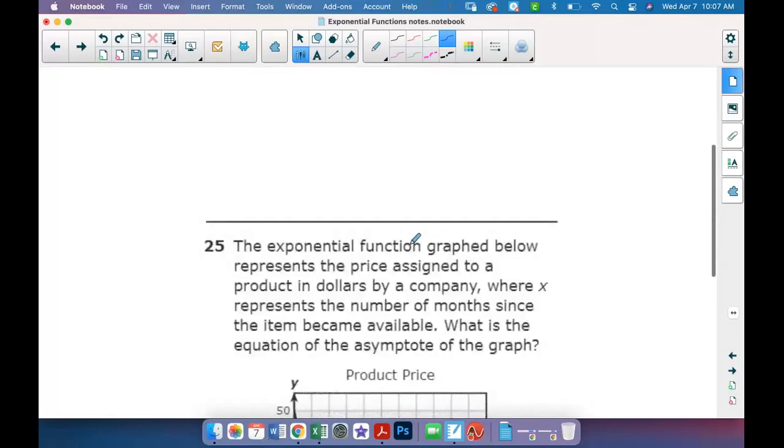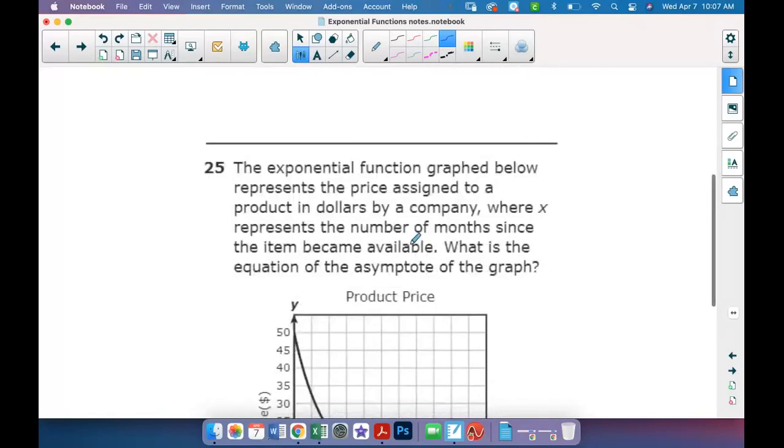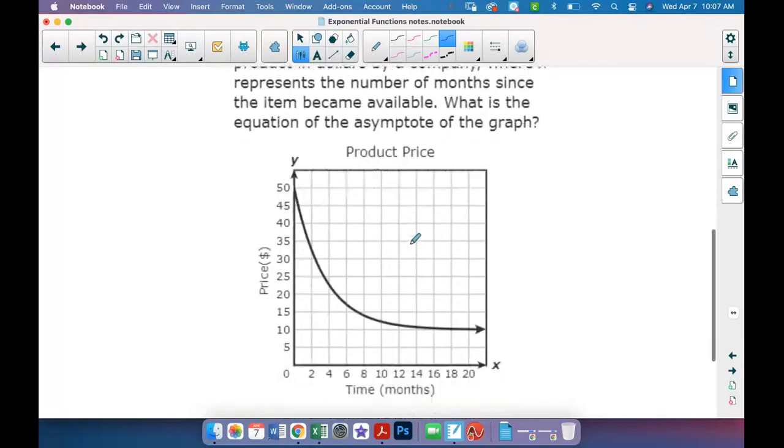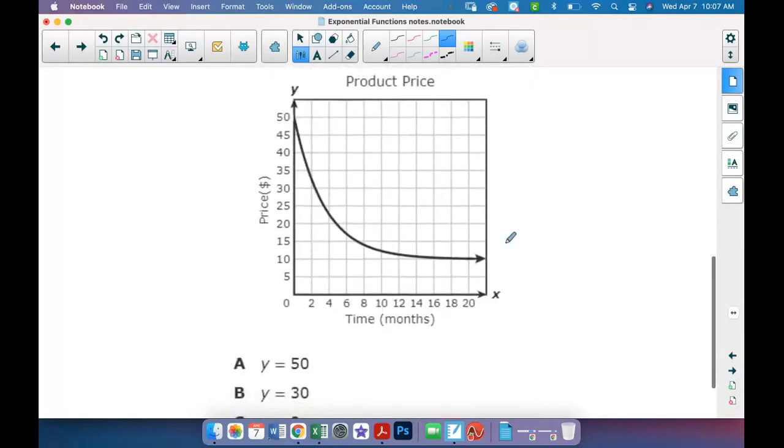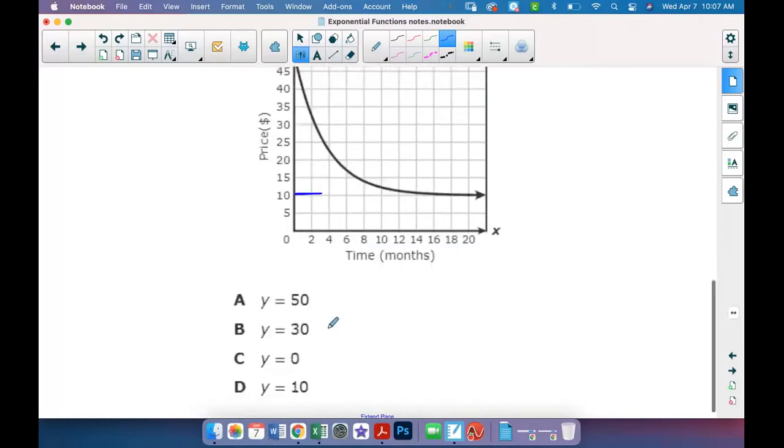Number 25, what is the equation of the asymptote? Oh, this one you should be able to see right away, right? You see how it's approaching this line right here? So it is right here, which is letter D.